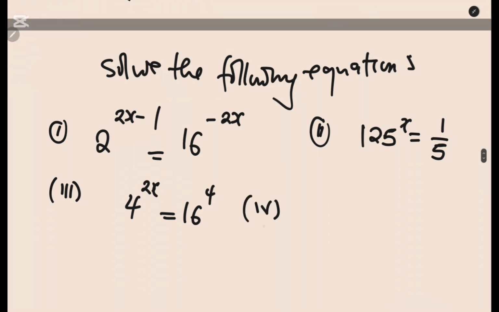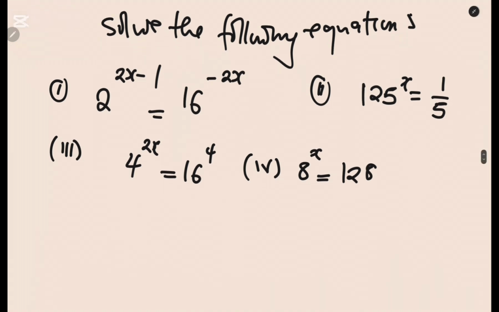Let me give the fourth one, because I want you at the end of it, if you can answer these questions, then you have no problem with the exams. So that is another one. Then the fourth one: 10 to the power x is equal to 0.0001.